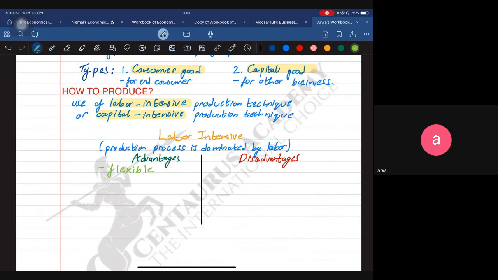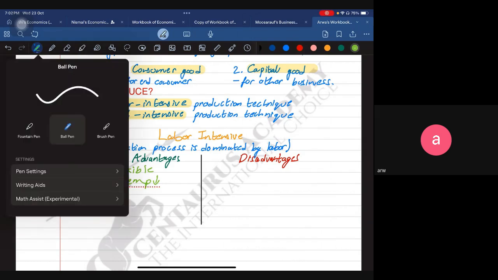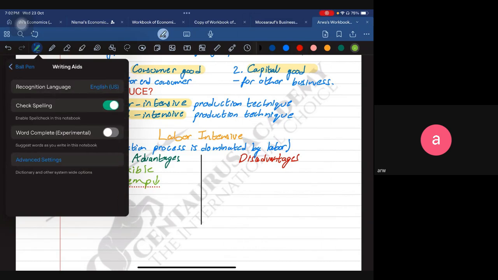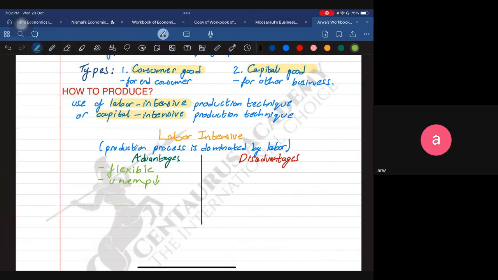Now, let's suppose we talk about another advantage from the point of view of an economy: unemployment will be low. What do you say? Yes, sir, unemployment will be low. Whenever you are asked about the advantages and disadvantages of something in economics, and the point is not coming to mind, the best way is to think from the point of view of the worker, the producer, the government, and the consumer.